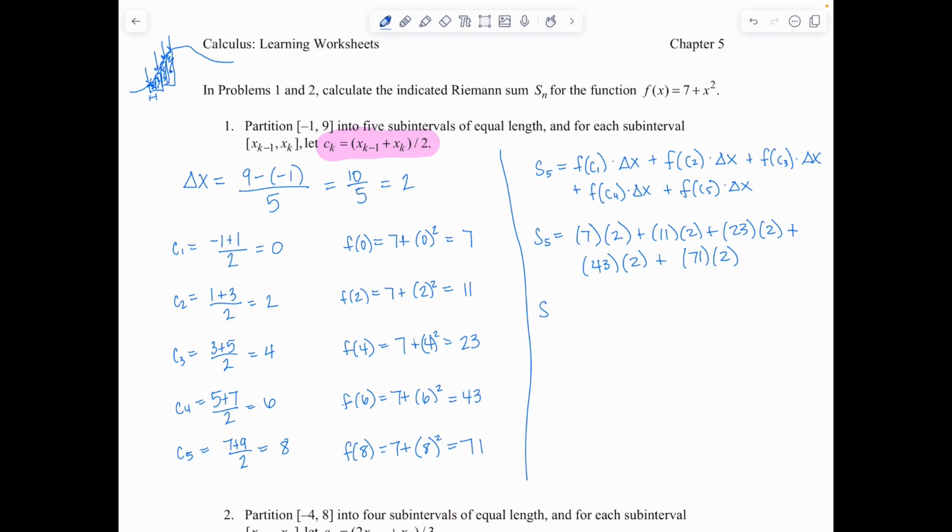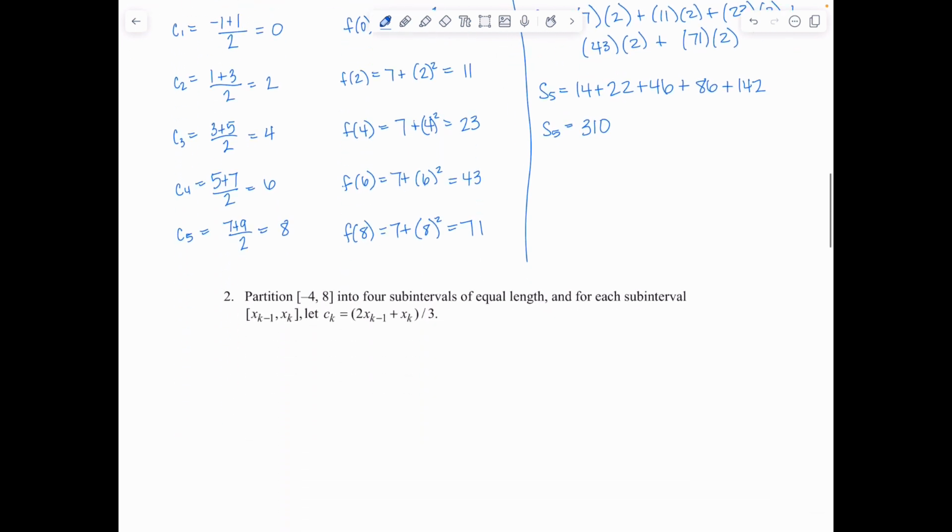And this will give us 14 plus 22 plus 46 plus 86 plus 142, which gives us a sum of 310. And that's going to be our process here.